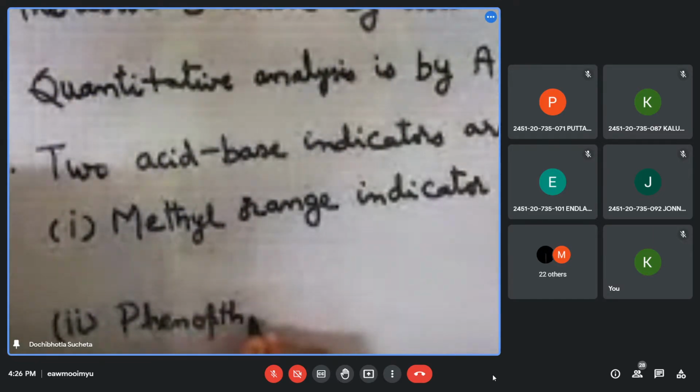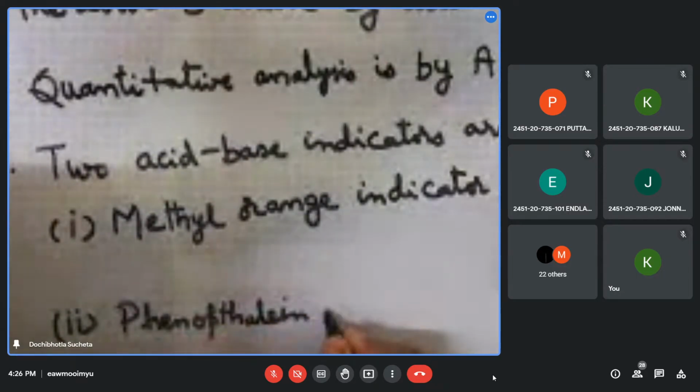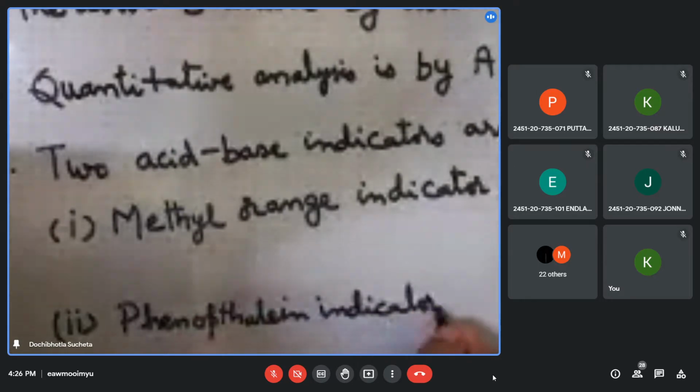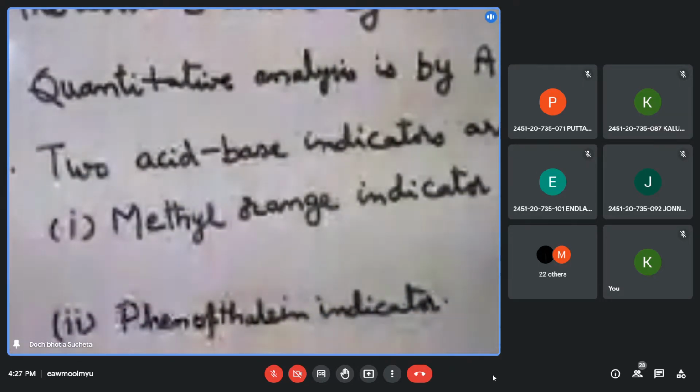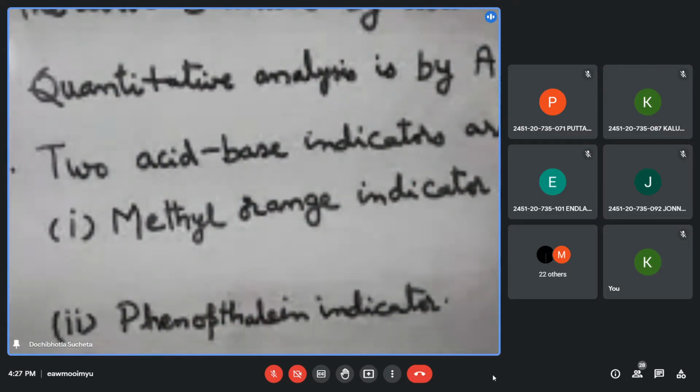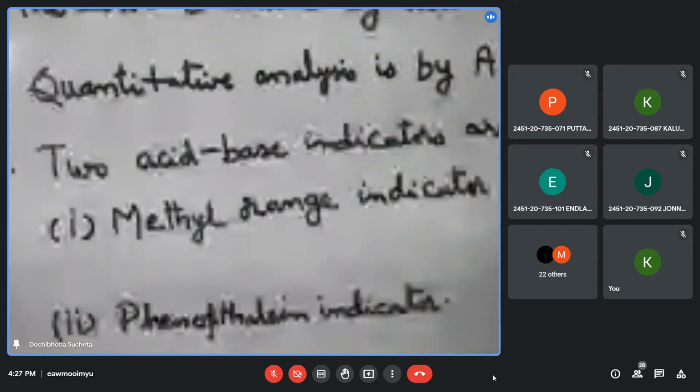So there are two indicators I am using in the experiment. One is methyl orange indicator. The other one is phenolphthalein indicator. Both the indicators are used for the same titration. That's the beauty of this experiment.